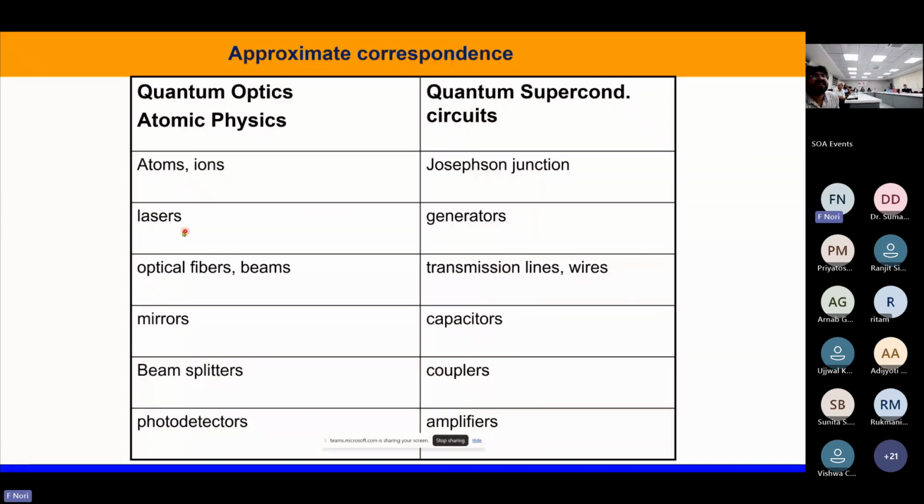Lasers are replaced by generators, optical fibers and beams by transmission lines and wires, mirrors by capacitors, beam splitters by couplers, and photodetectors by amplifiers. So this is an approximate correspondence.